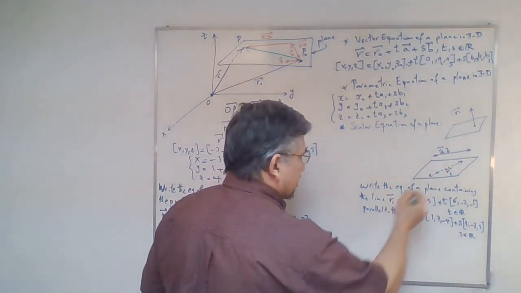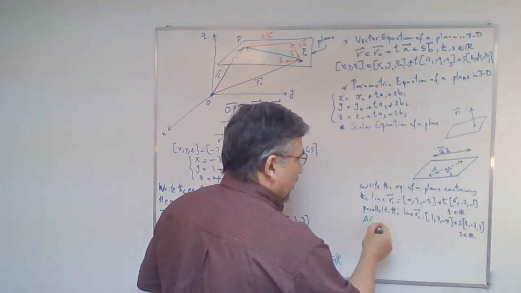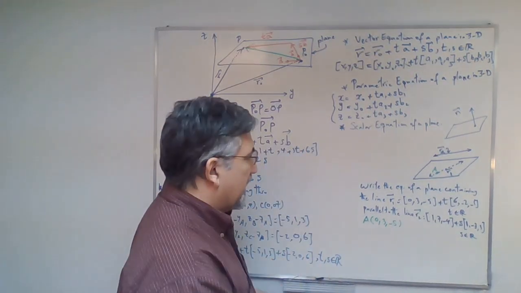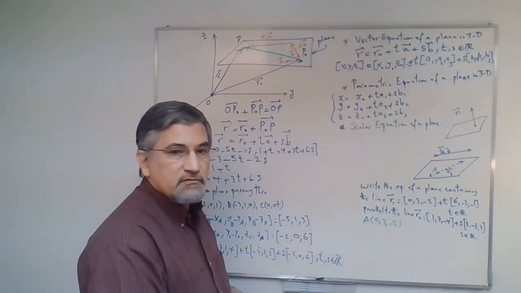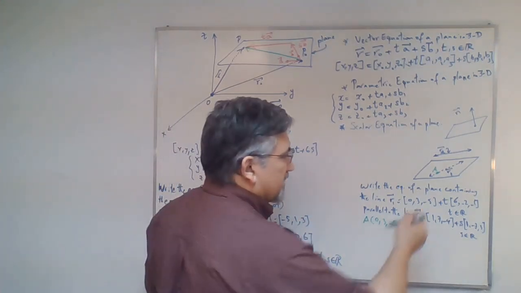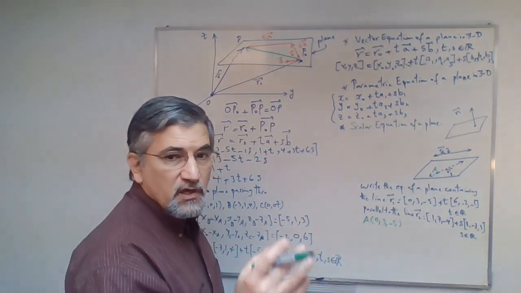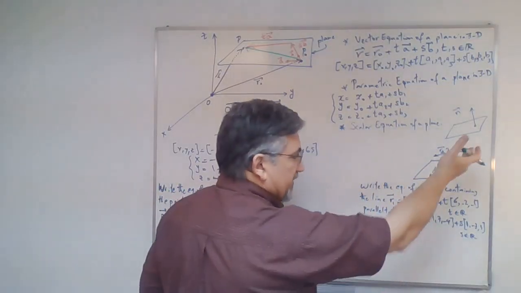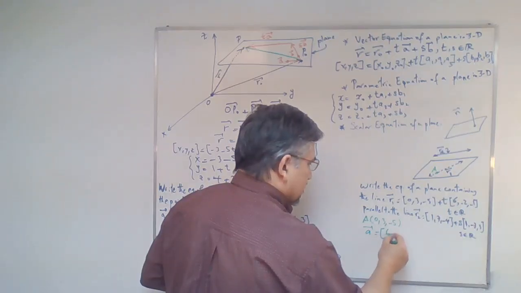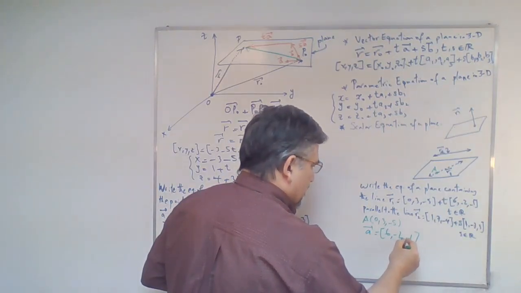So I'm going to select point A, which is 0, 3, -5, and I have to find two direction vectors. One of them is easy. One is the direction vector of line R1 itself, which is 6, -2, -1. Okay.